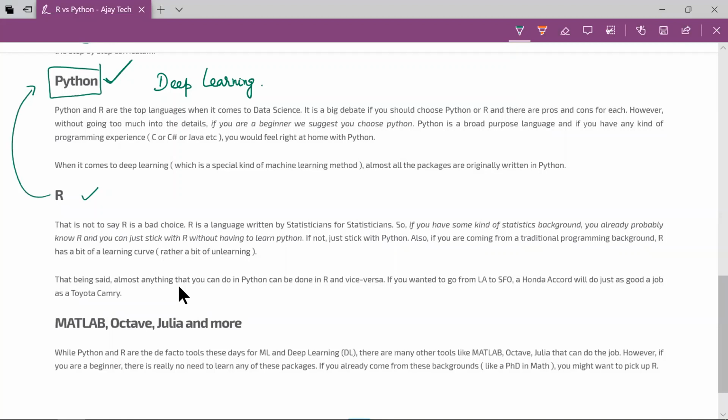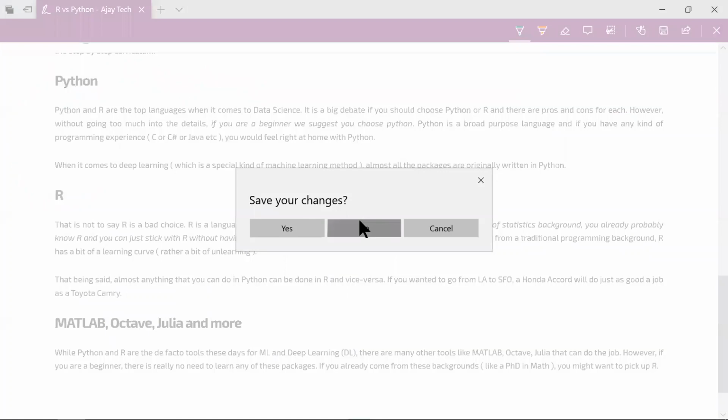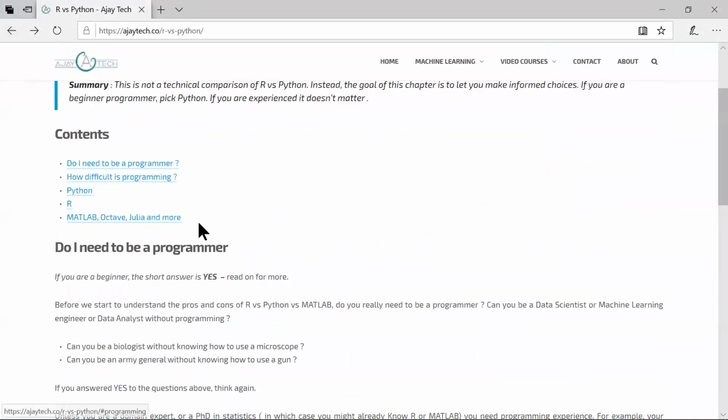R is just calling those algorithms. So R is like a shell when it comes to deep learning. But for general machine learning, both are equally okay. Okay, but if you're a beginner, I strongly recommend that you do Python because it's easy and it's very predictable. If you know the C language, Python is no big deal.